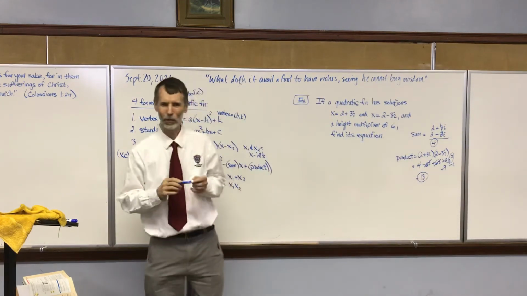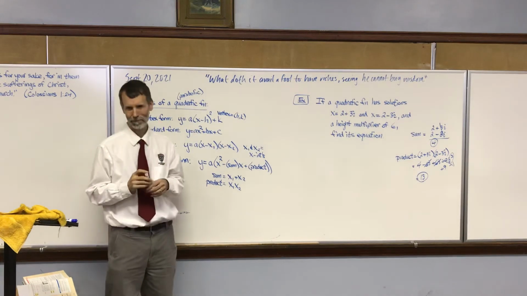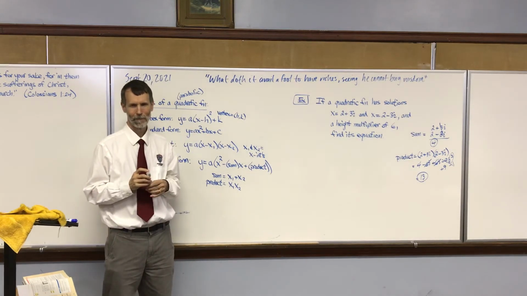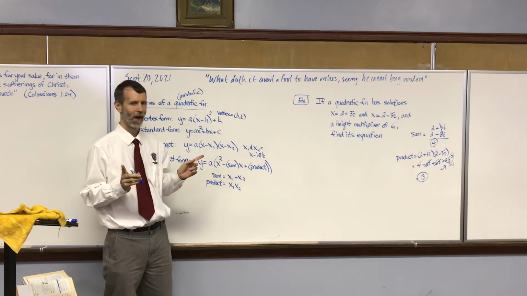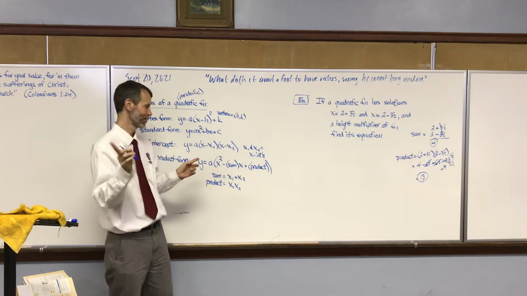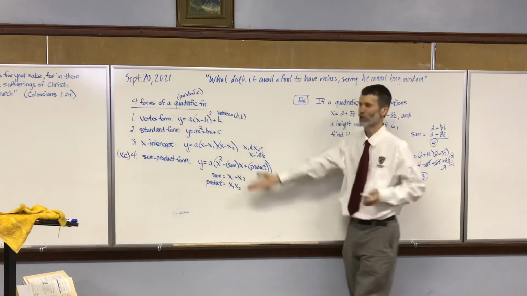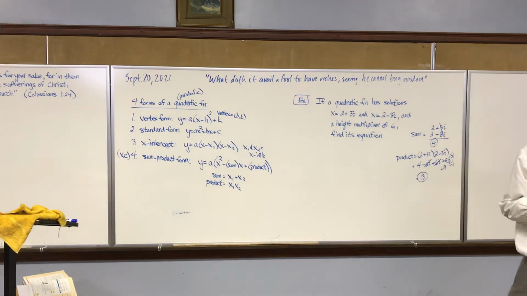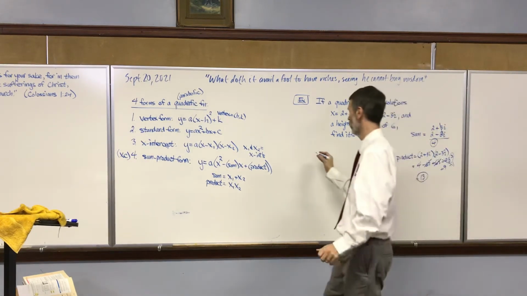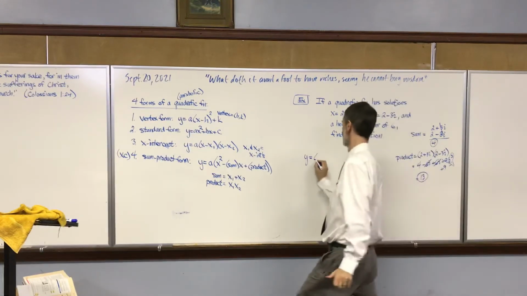Anybody think they can give me the equation? The height multiplier is a, by the way. Becca, try this. Which formula do you think would be best? First, second, third, or fourth? Fourth. So y equals what? 6, parentheses what?